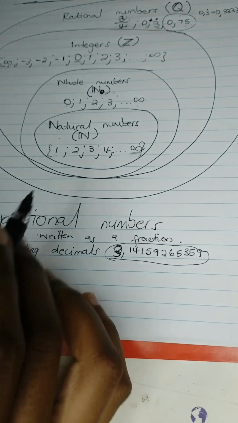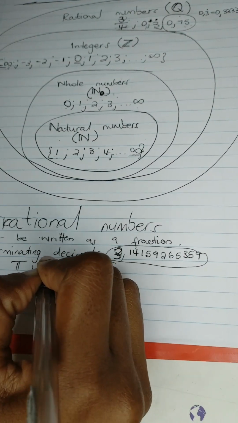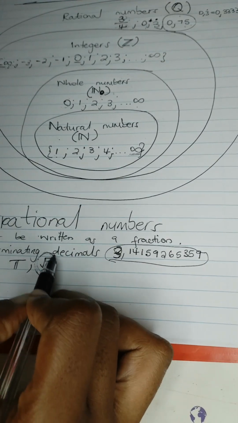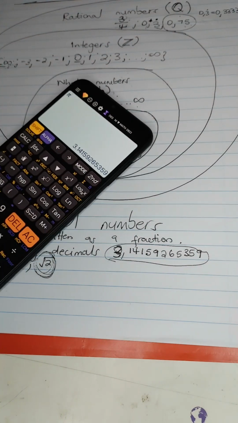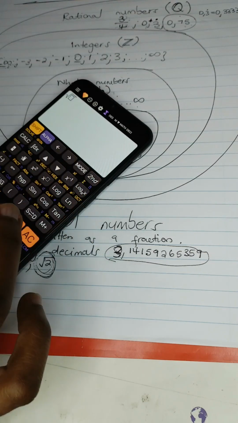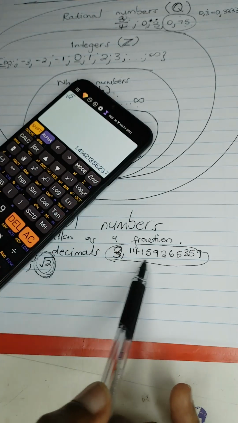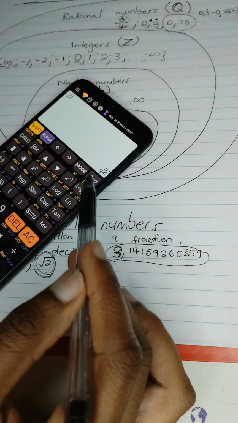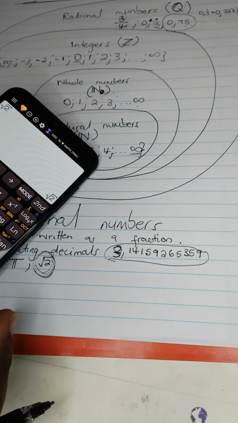Another example of an irrational number, we said, is pi. And another example is called a surd: a number that when you put it under a square root does not give you a whole number. Like the square root of 2, it gives you a non-terminating decimal, or it appears as it is. So that's another irrational number.